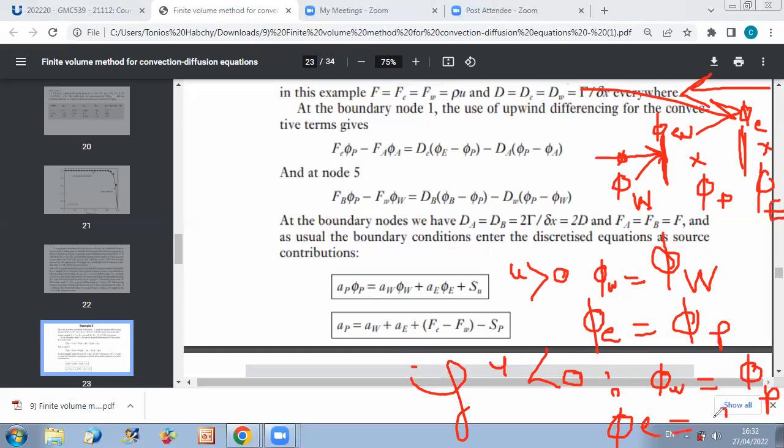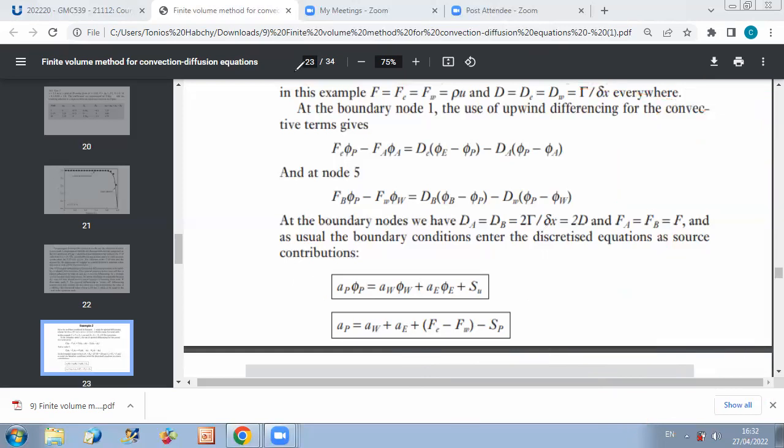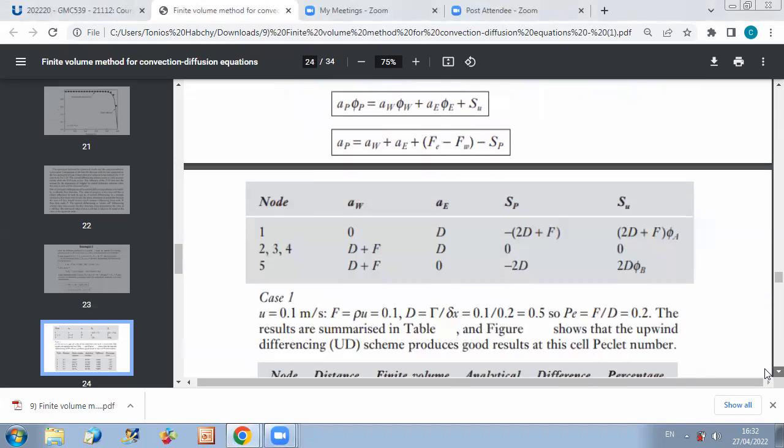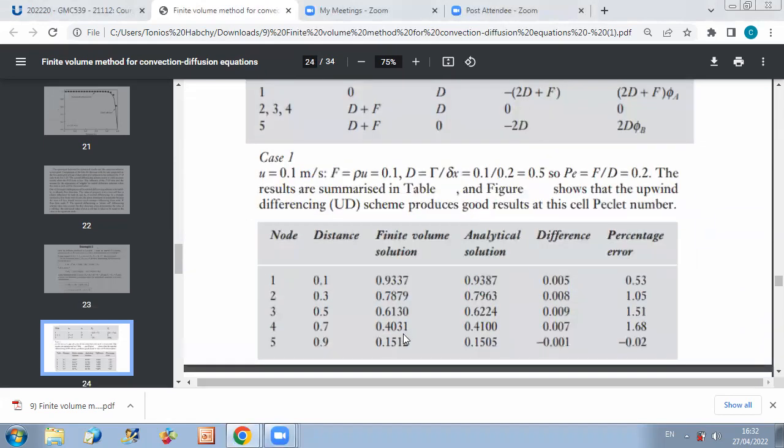Okay, very good. So here, because U is positive, I will take the first scenario and then I can develop my equations and find my coefficients. Once I find my coefficients, I can write my matrix and solve for it. Okay. ساعتها, once I have the values obtained from finite volume solution, I can compare with the analytical solution.